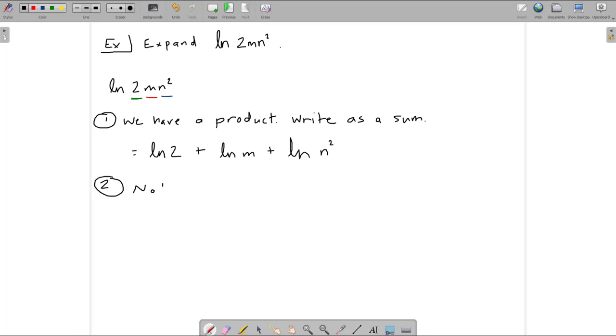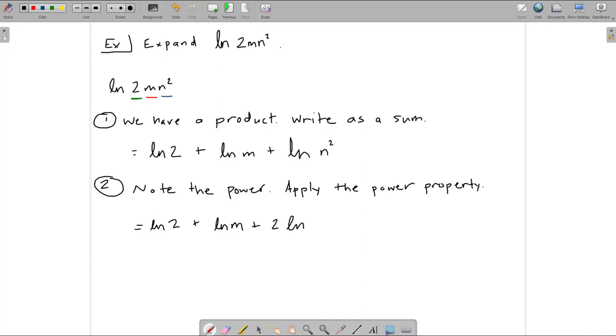So we apply the power property. We can rewrite that as ln of 2 plus ln of m plus, remember the power brings it to the front, 2 ln n.